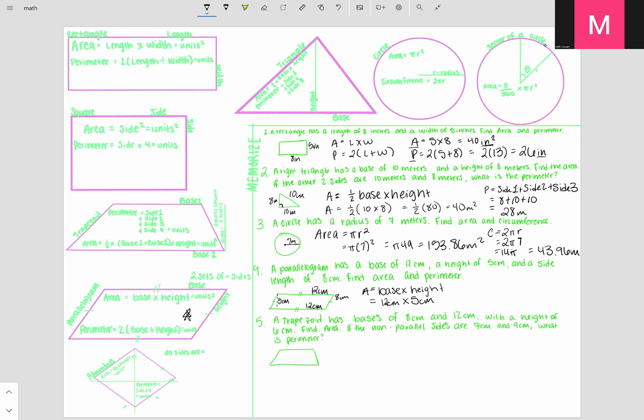So remember, our height is different from the side, which equals 60. Let's check that. Yes, 60 centimeters squared. Remember, area is always squared. And perimeter equals 2 times base plus the side, just like a rectangle.